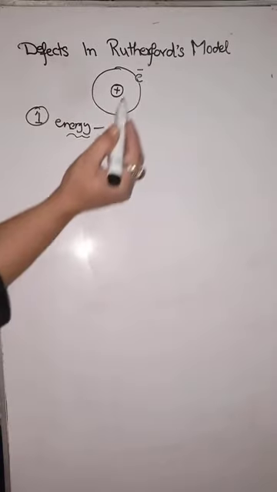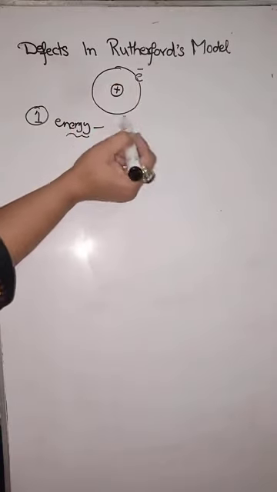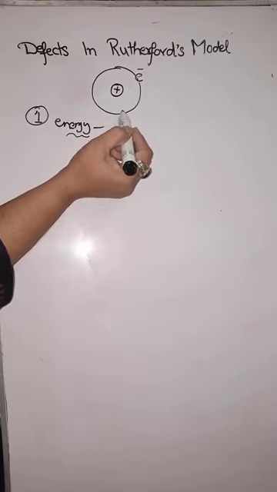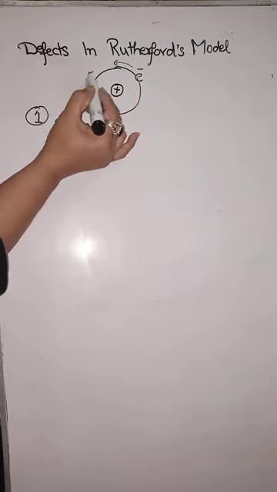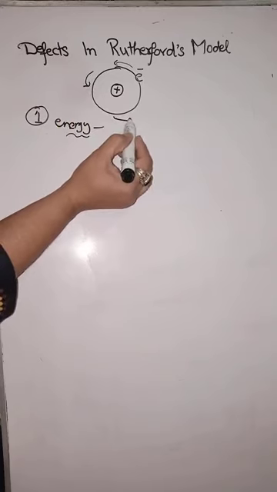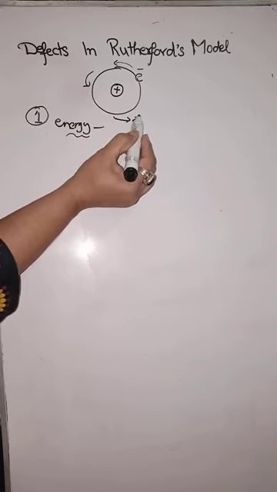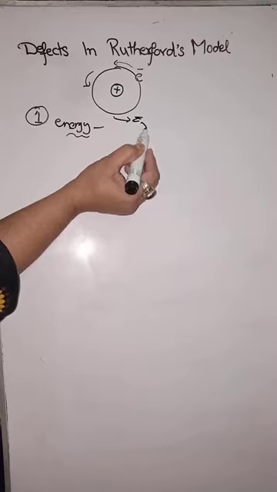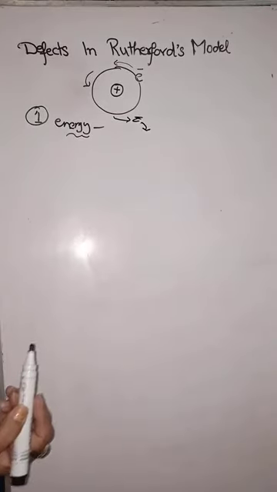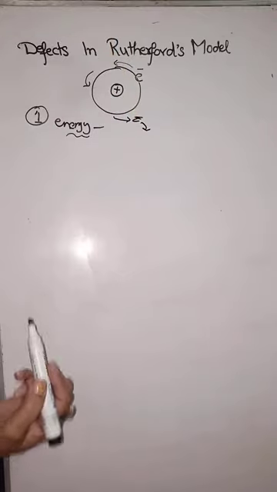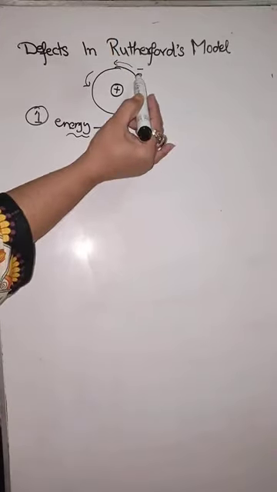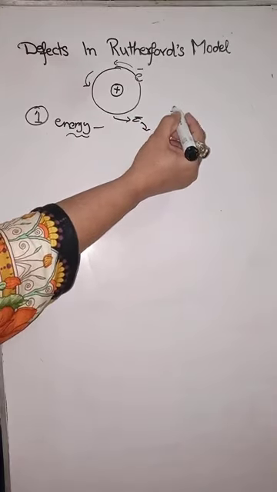Now what happens, this electron, when it is moving around the nucleus in the orbit, radiates energy continuously. Continuously, the energy is being emitted by the electron. When the energy is being emitted by the electron, what will happen? Ultimately, this electron will possess no more energy.